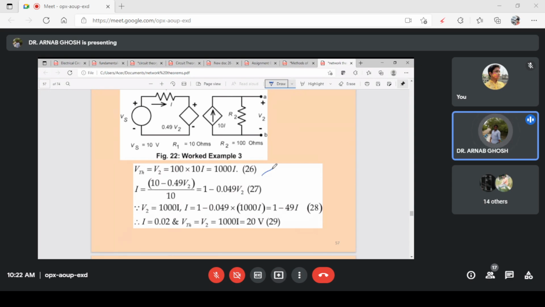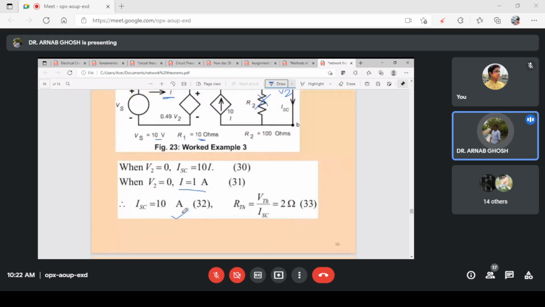VTH is 1000I, or V2 is 1000I. Put this here and you calculate I, and this comes out to be 1.0049 V2. You solve these equations, you already know the value of I and the value of VTH. So your VTH comes out to be 20 volt, your ISC comes out to be 10 ampere, so your RTH is equal to VTH by ISC, which is 2 ohms.